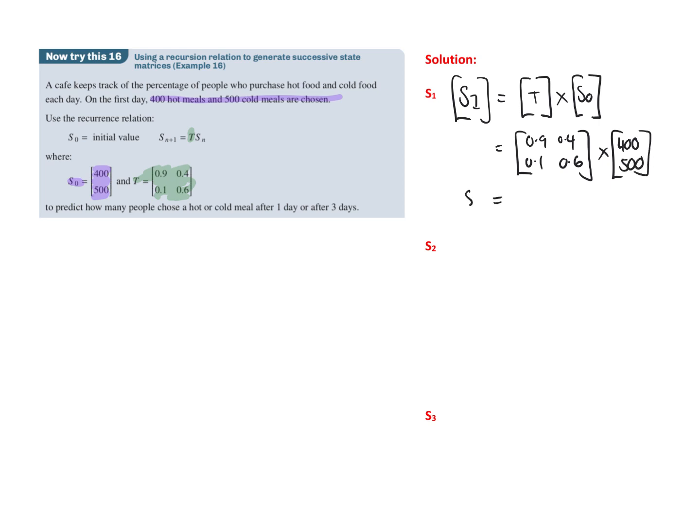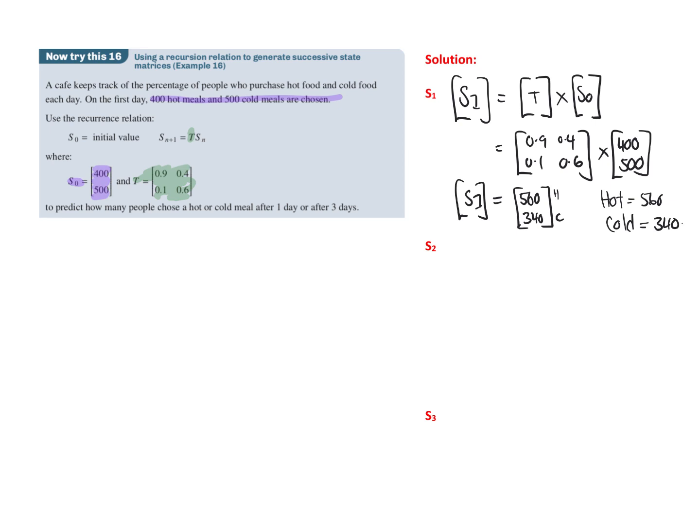And if we do this in our calculator, after 1 day we have 560 doing hot meals and 340 doing cold. So we'll say hot 560, cold 340. Remember, we've got to do that because that's what they're asking to get the marks.